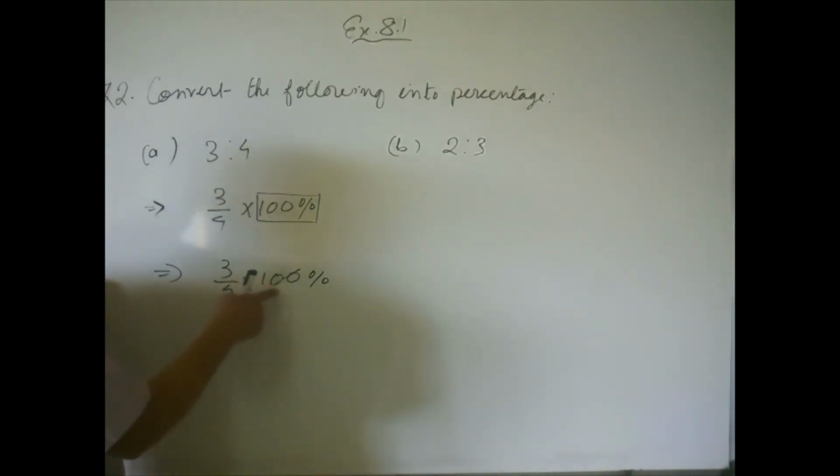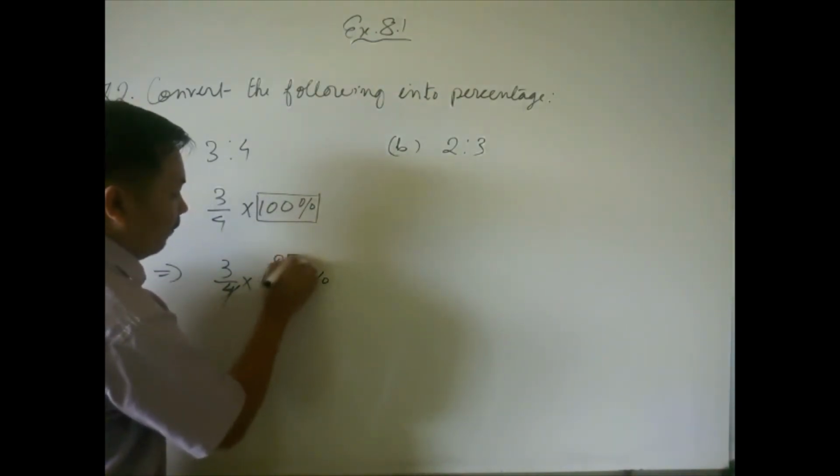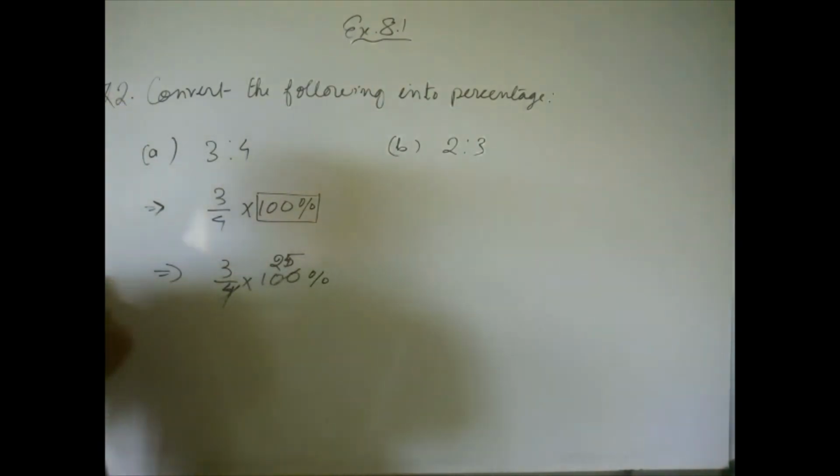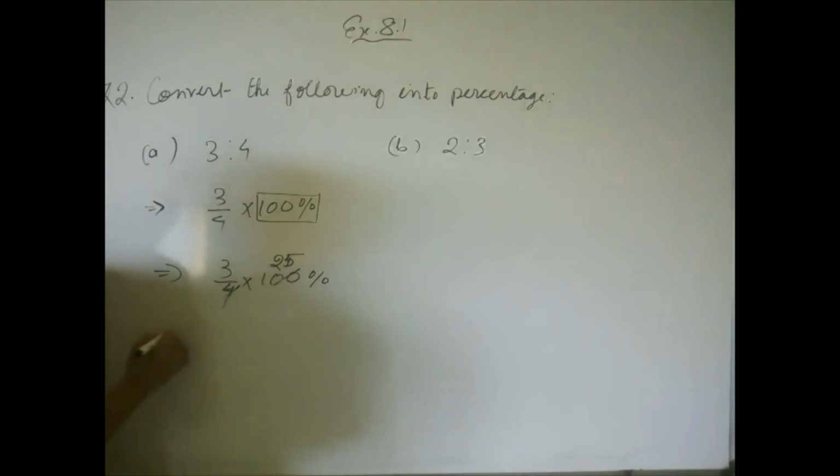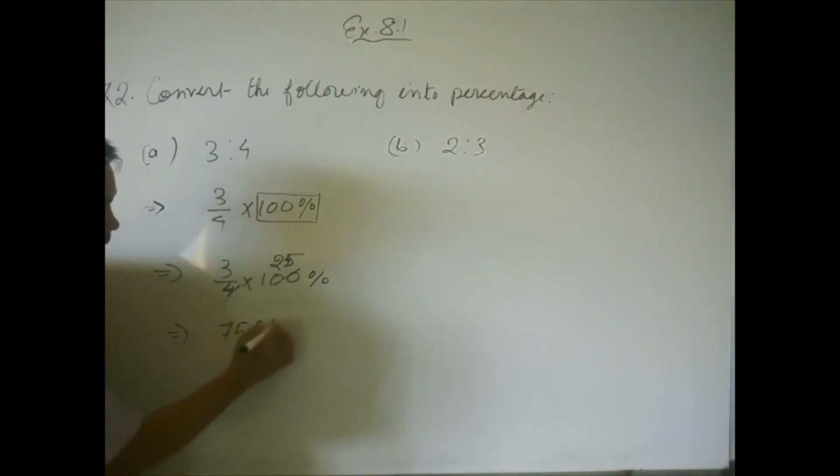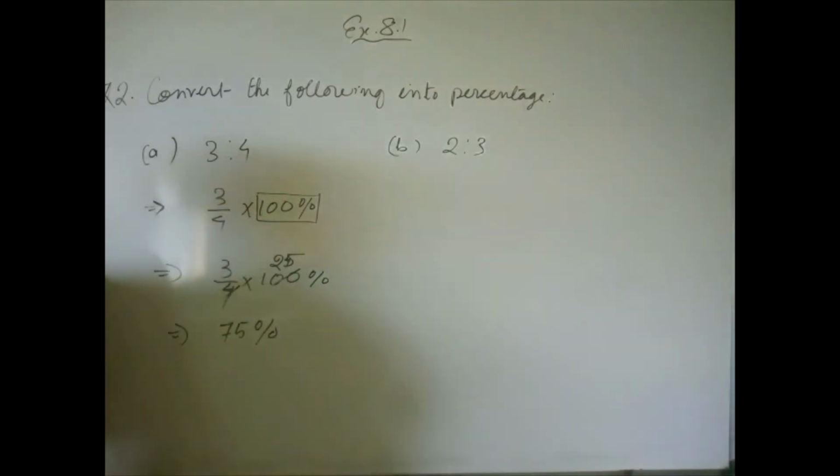Now you see here, 4 and 100 can be cancelled. 25 fours are 100, isn't it? Then you get 25 times 3, which is 75%.